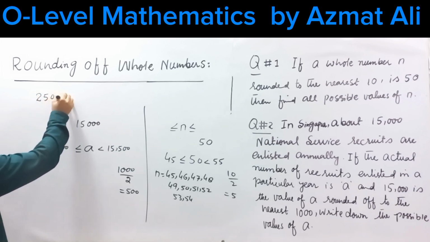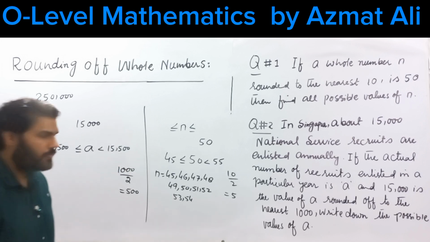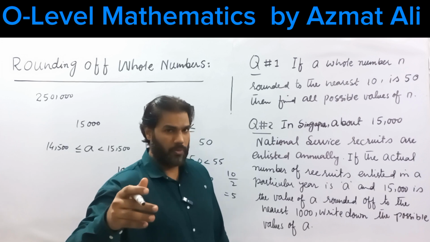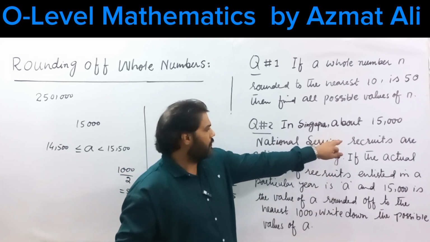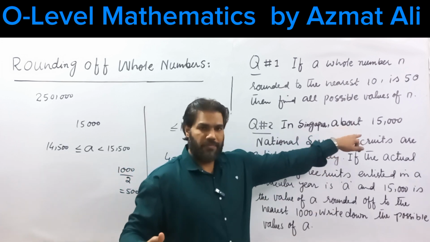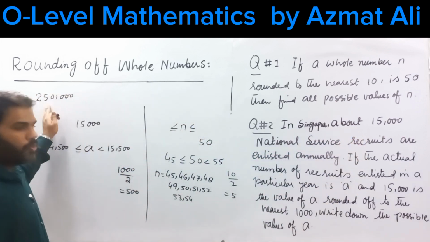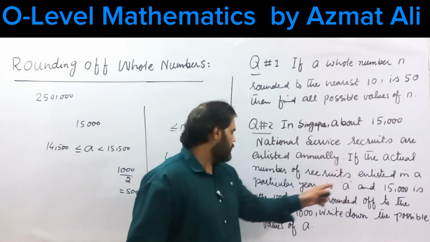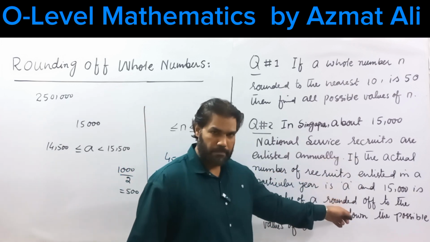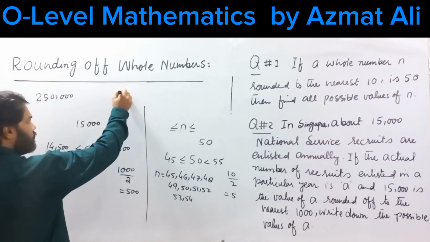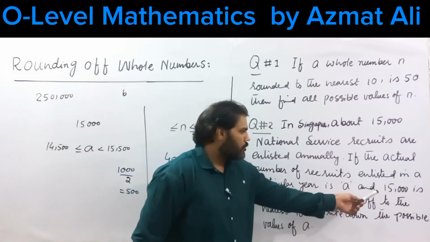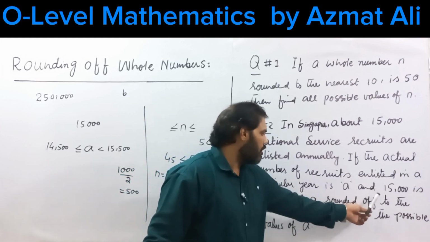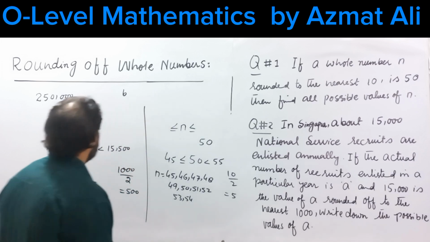This is the next part of this question. The actual number of recruits enlisted in this year is B, and 250,000 is the value of B rounded off to the nearest 10,000.